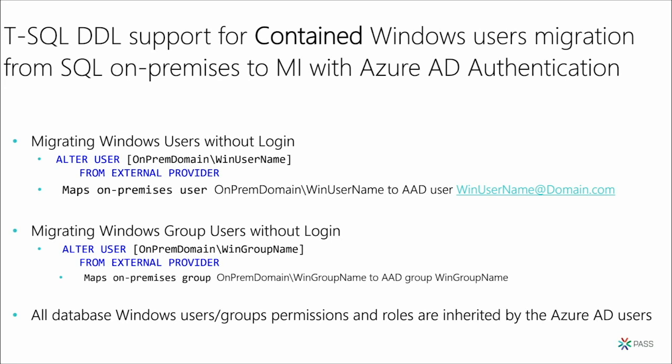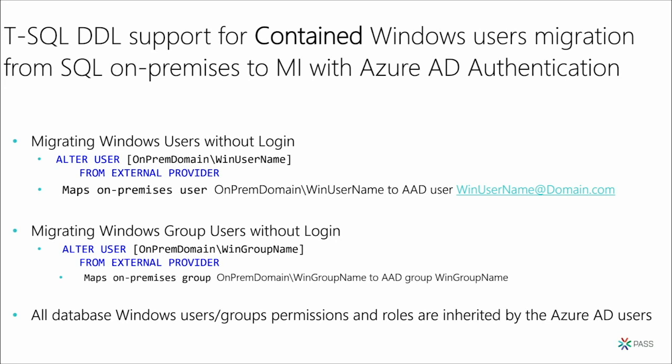The second one is if the user doesn't have a login. There are so-called Windows users without logins. How do you migrate these? This is a syntax that allows you to do it. This is now the syntax change in the alter user, because we are adding from external provider.